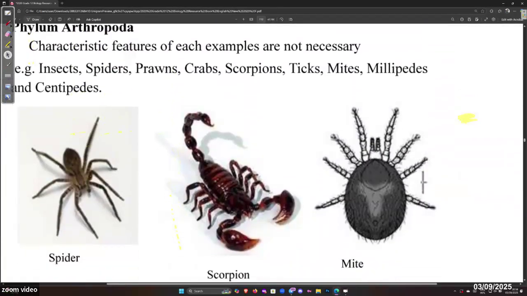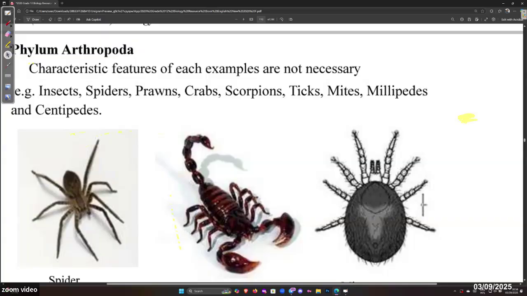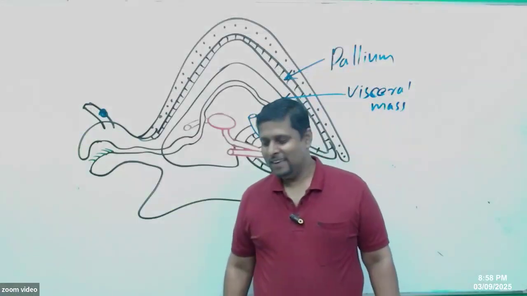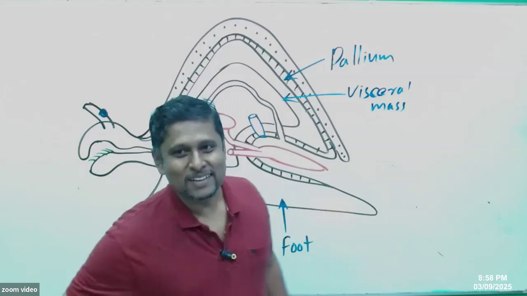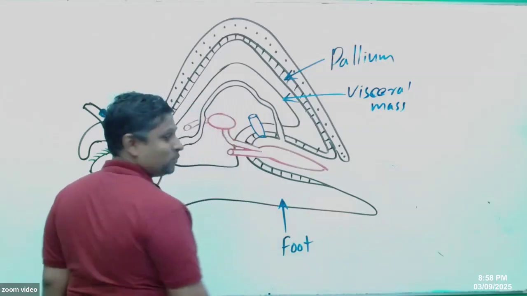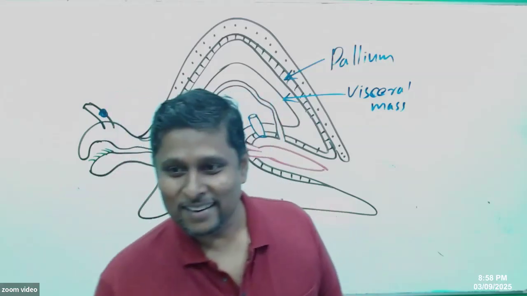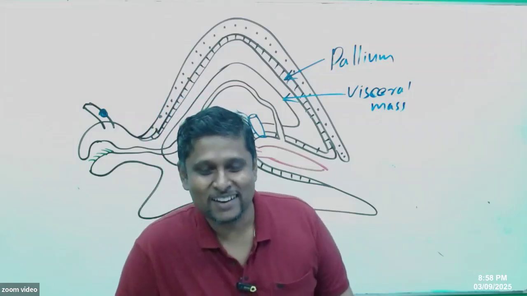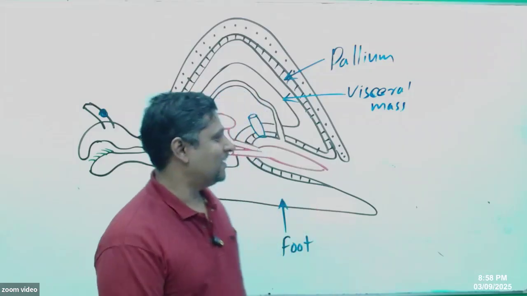All right. We have just 2 more phyla to go. Arthropoda and Echinodermata. Right? What's the time now? 8:57, 9 o'clock.